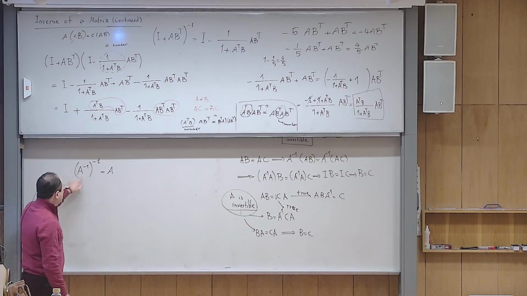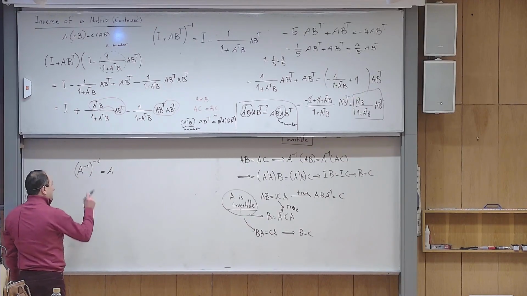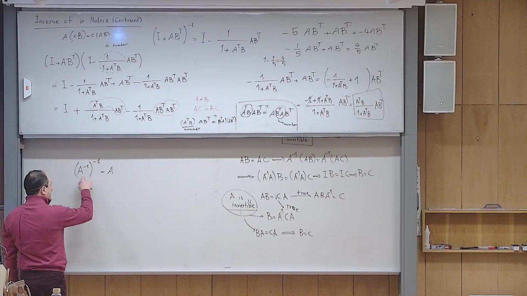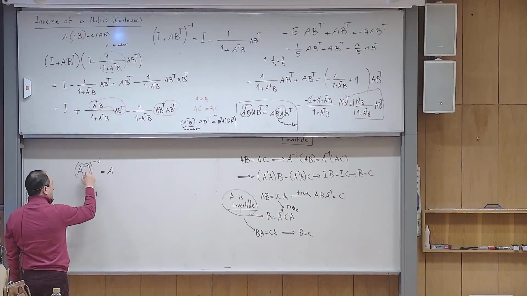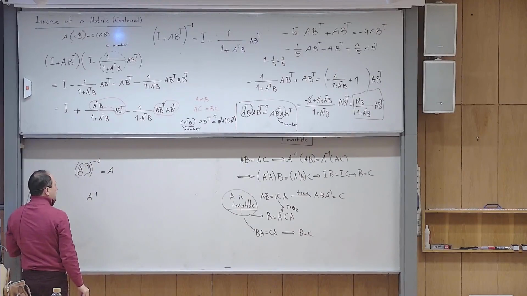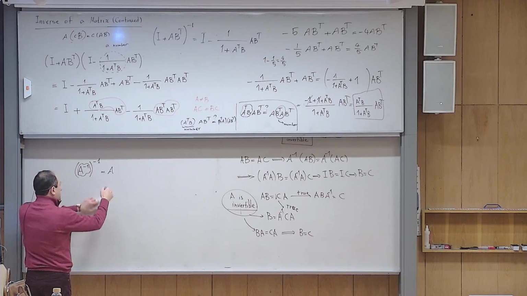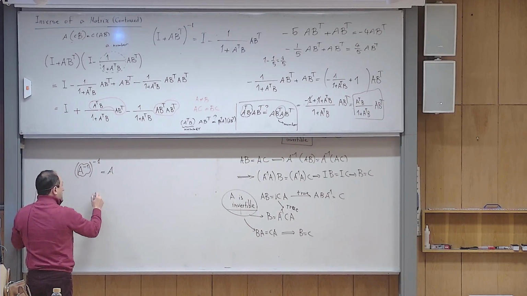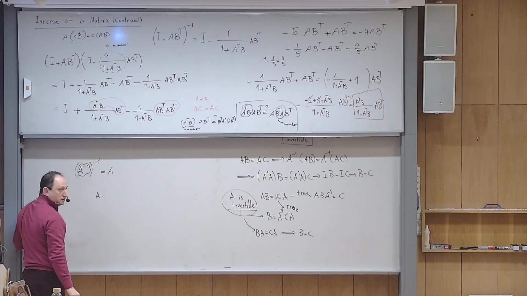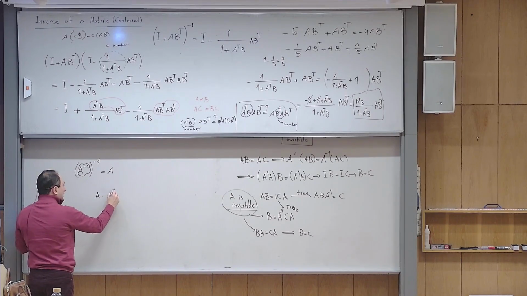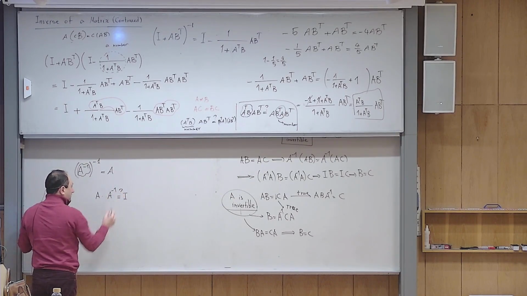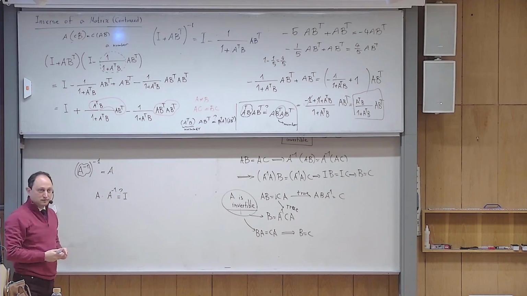If I want to confirm that, it is necessary and sufficient to prove that this can play the role of the inverse. This is the proposed inverse of this matrix. So what I need to guarantee is that if I take the proposed matrix and multiply it by my matrix, it becomes I. But is it true?